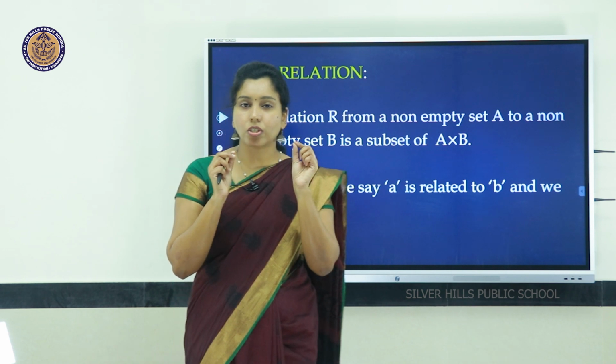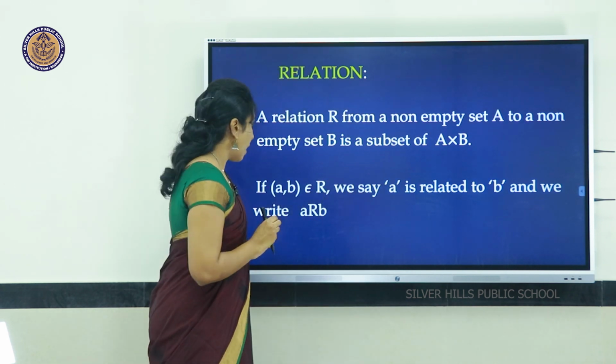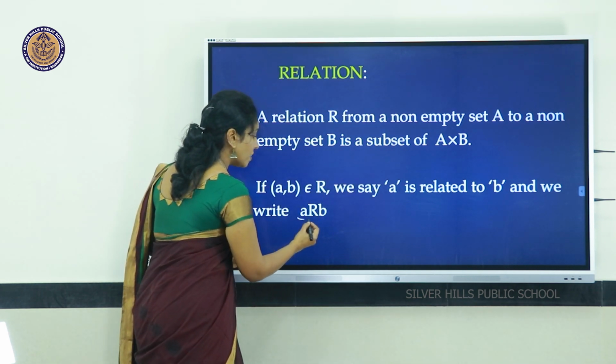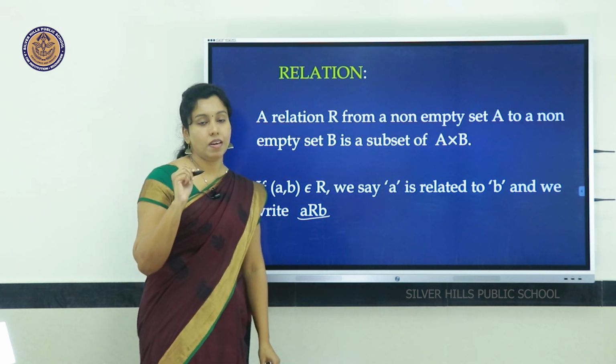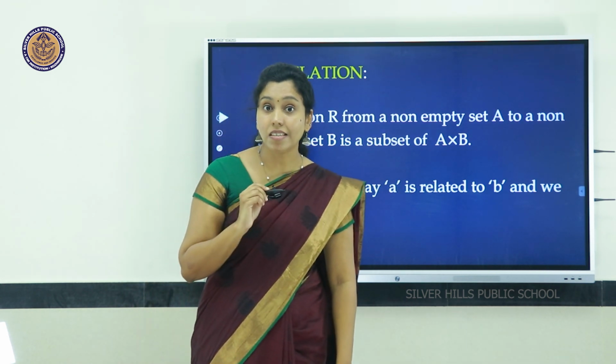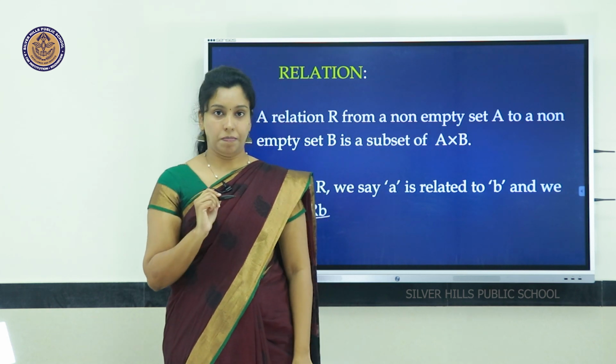That means there is a connection between a and b. And how do we write? We write a R b. That is, how do we read that? a is related to b.